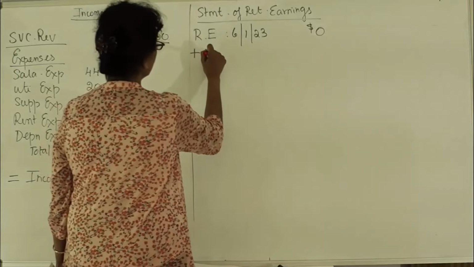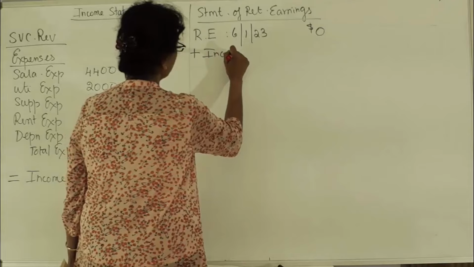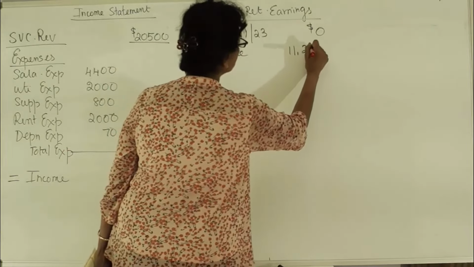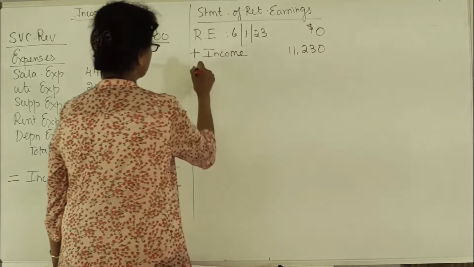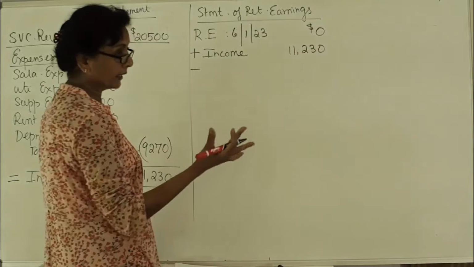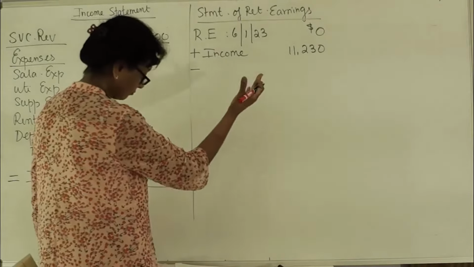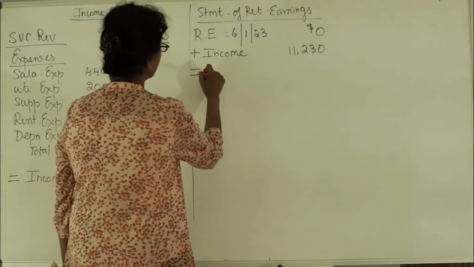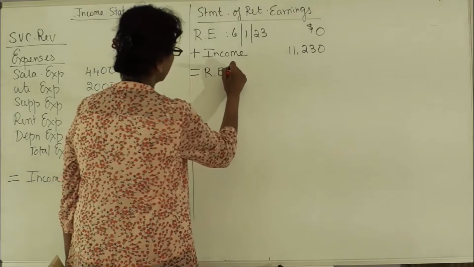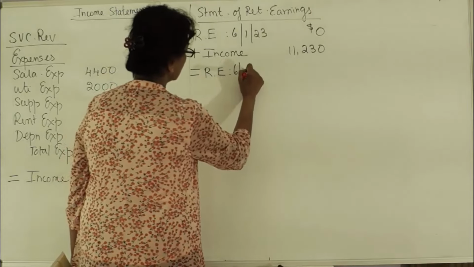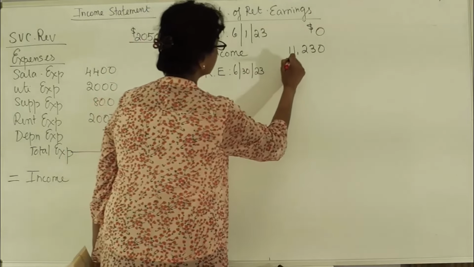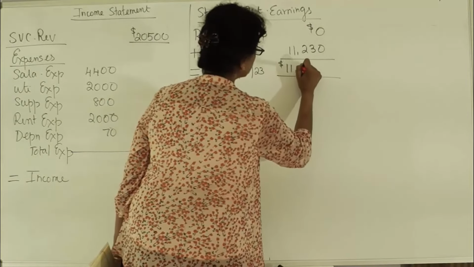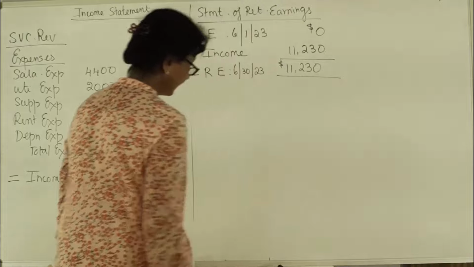To this, you add your income, which will be 11,230. Now, the company did not pay any dividends, so there are no dividends. So now that gives you your retained earnings balance as of June 30, 2023 will be 11,230.